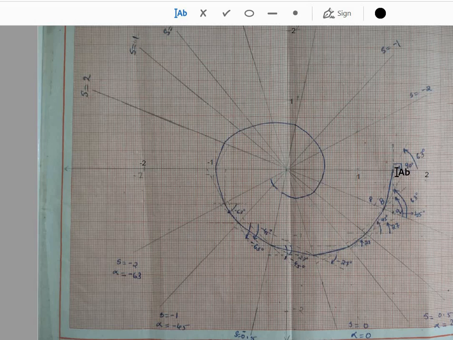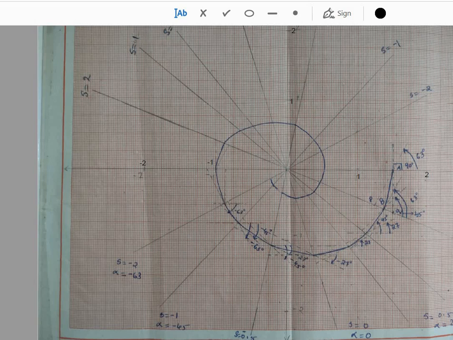We can choose the next point like this. This isoplane is the isoplane at the x-axis. At the x-axis, the slope s will be equal to infinity, and alpha will be equal to tan inverse of infinity, equal to 90 degree.